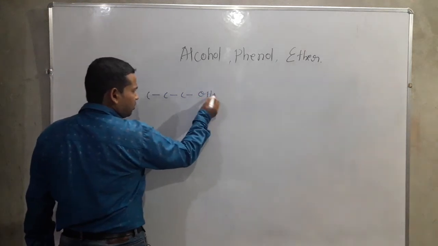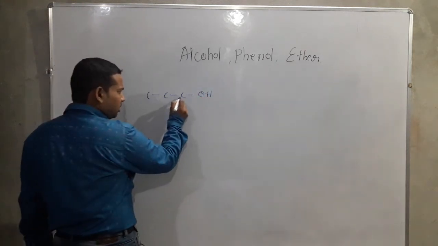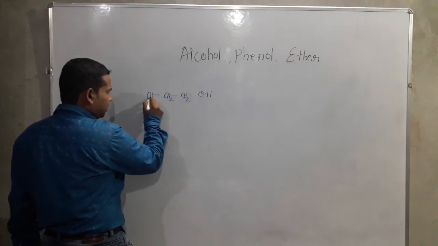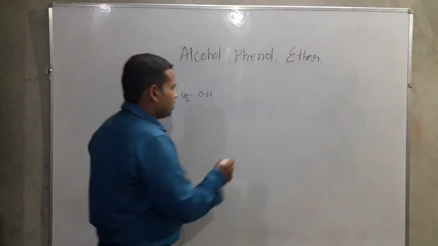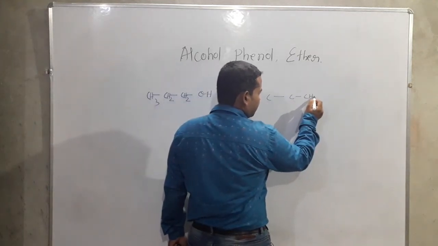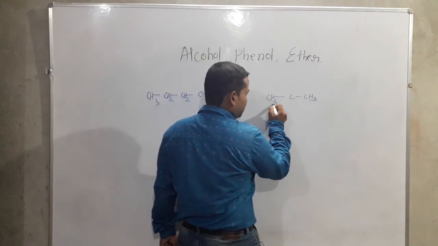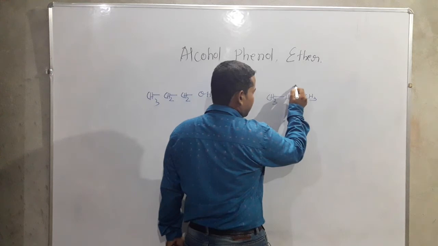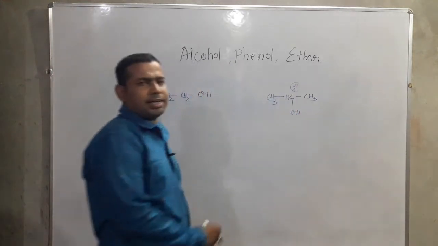This primary carbon will contain one OH group, that is a primary alcohol. Hydrogen you balance by CH2, then CH2, then CH3. Another example, C single bond C single bond C, H3, H3, H, then OH. This is a secondary carbon. This is known as a secondary alcohol.